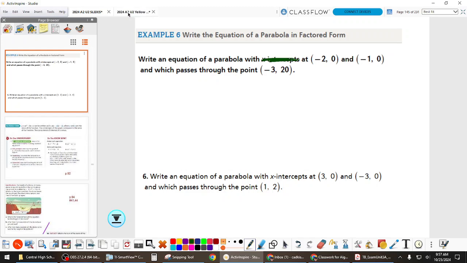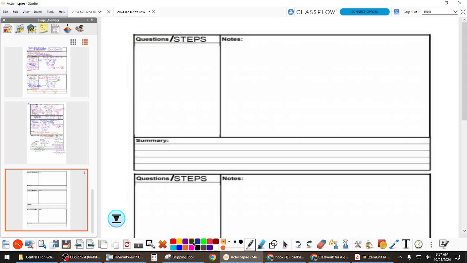So let's just use those points. That way we can make sure they work. It will say something that gives you the clue that you should use intercept form. Something like this. I can write it. So it will say in intercept form, that should cue you to be looking for intercepts.